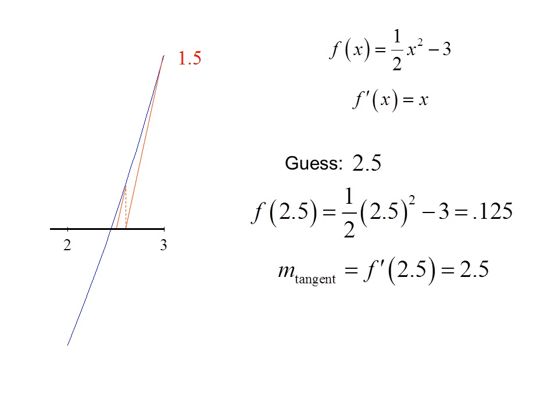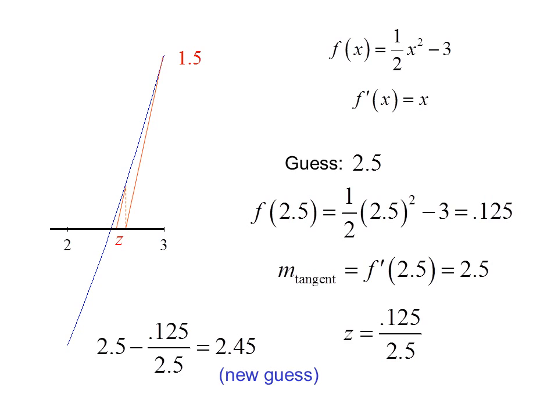The slope of the tangent is f prime of 2.5, which equals 2.5. Solving the slope equation for z, I get z equals 0.125 over 2.5. So my new guess is 2.5 minus 0.125 over 2.5, or 2.45.